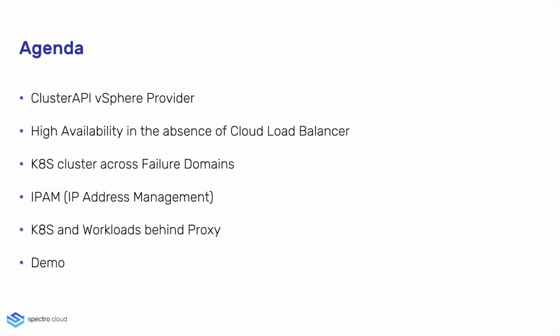So in this webinar, we'll talk about the specific challenges of running Kubernetes clusters on vSphere and the work we have contributed to the ClusterAPI vSphere provider around this. The topics we want to cover today include HA support without a cloud load balancer, how to run Kubernetes clusters across multiple failure domains, and also IPAM and proxy support. In the end, we'll have a live demo.